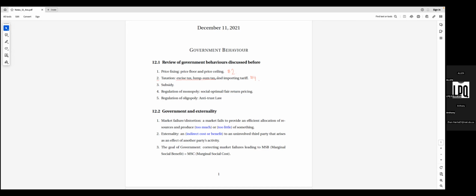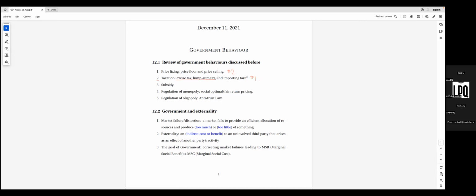They are 2 different ways of calculating how much money you, as a government, can collect from business and individuals.